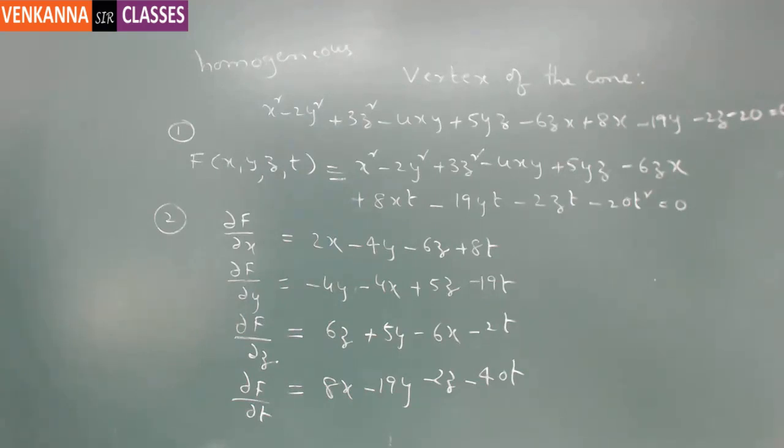So we are not multiplying the whole equation with t, we are making the equation homogeneous by introducing the auxiliary variable wherever it is required.